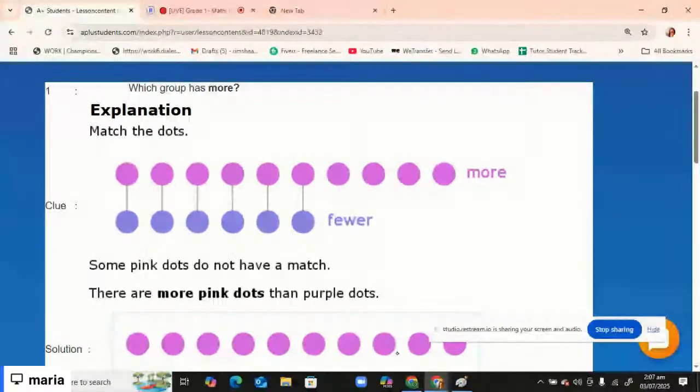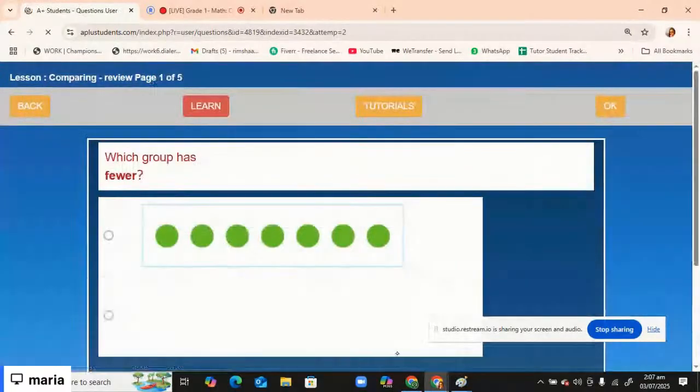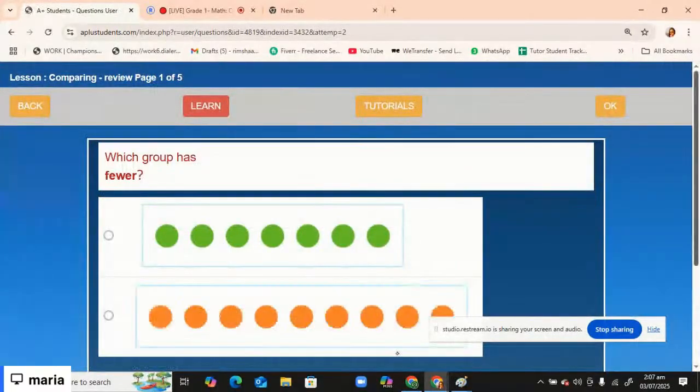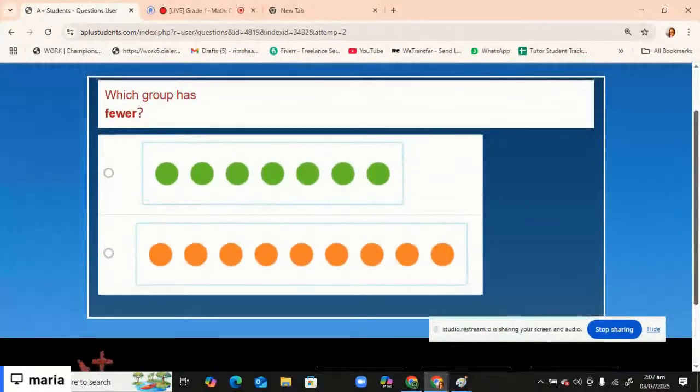Okay, now let's discuss some test questions for that. Now, which group has more? Check it out, everyone. Orange dots are given and the green dots are given. So, which one is more and which one is less?